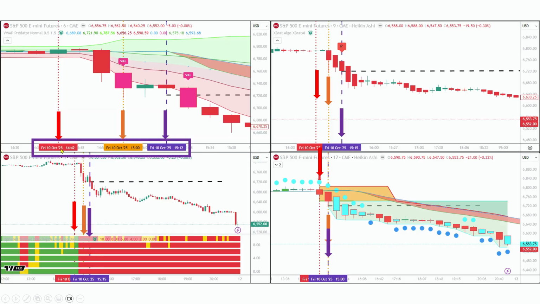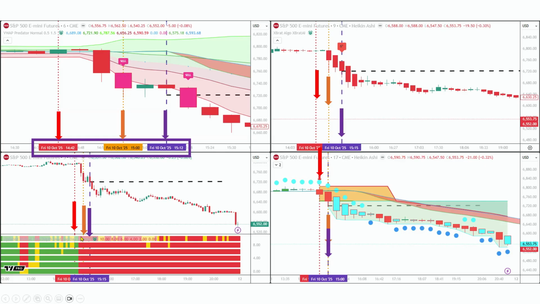The anchor strategy actually came in a lot earlier than the previous YM trade, so it spotted that confluence early. 1442 was the first. Now this time is UTC time, because I have all my charts on UTC. And then at 1500 hours, we got that VWAP predator.